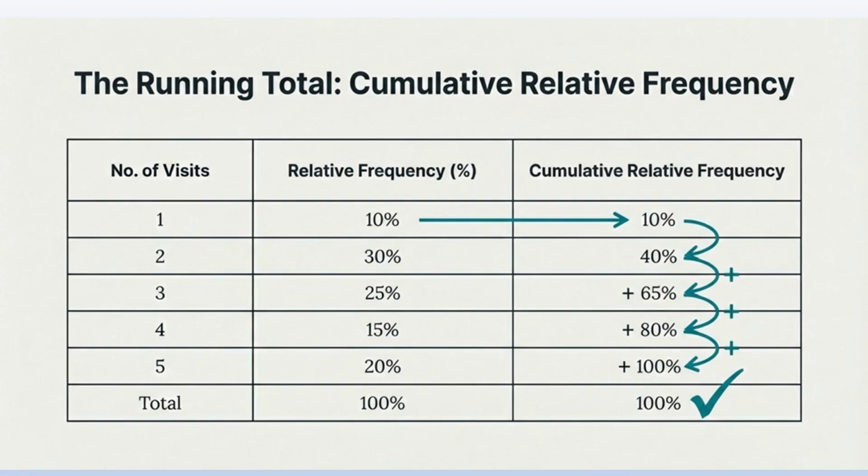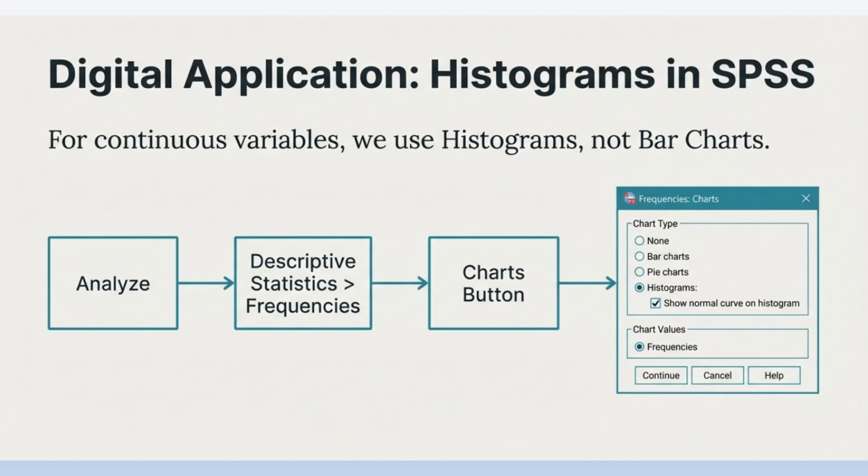Cumulative relative frequency is 40%, and then 40% plus 25% relative frequency for the third visit is 65%, and so on. And the last total is added up to 100%.